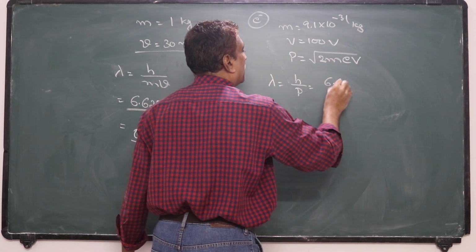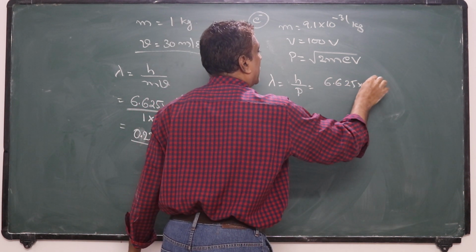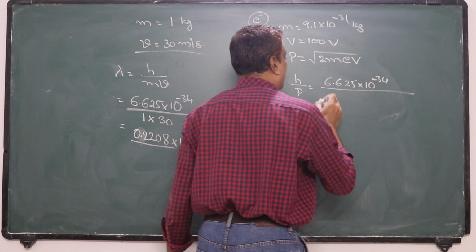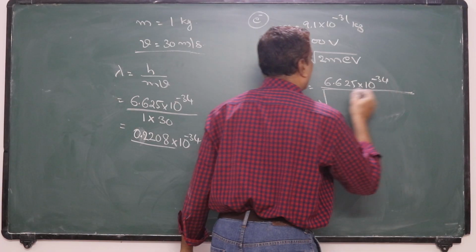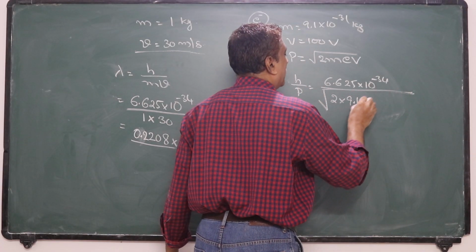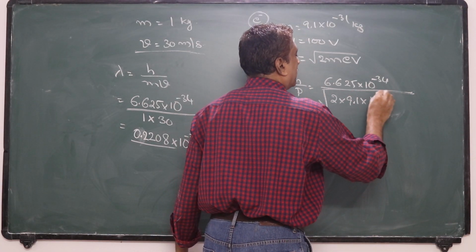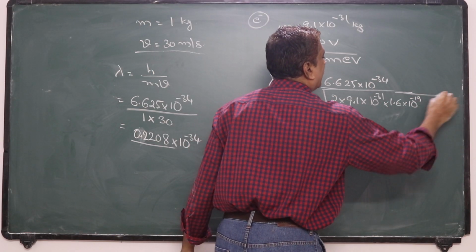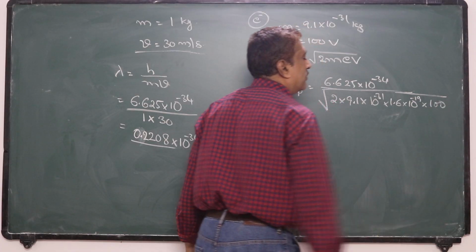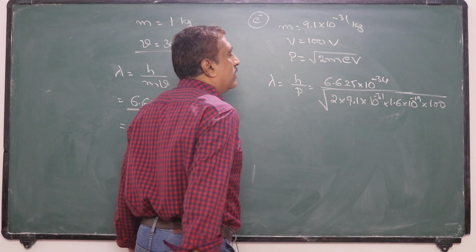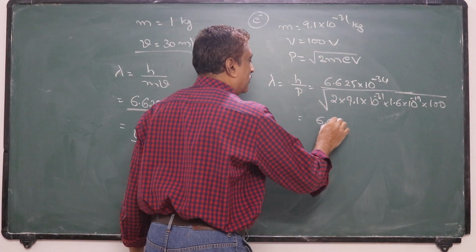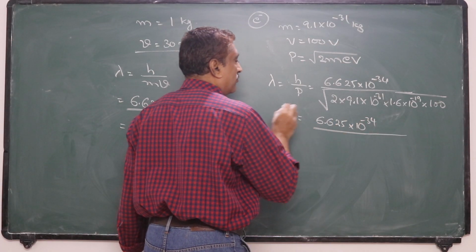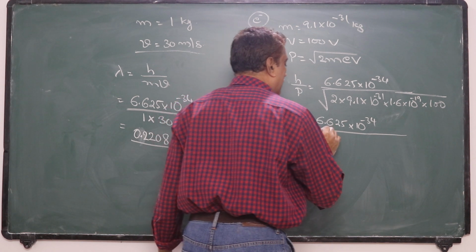That is 6.625 into 10 to the power minus 34, divided by the square root of 2 into 9.1 into 10 to the power minus 31 into 1.6 into 10 to the power minus 19 into 100 volt.